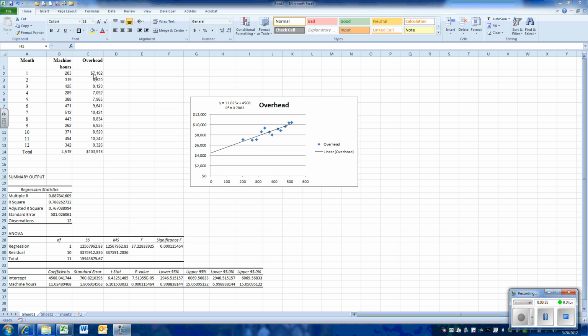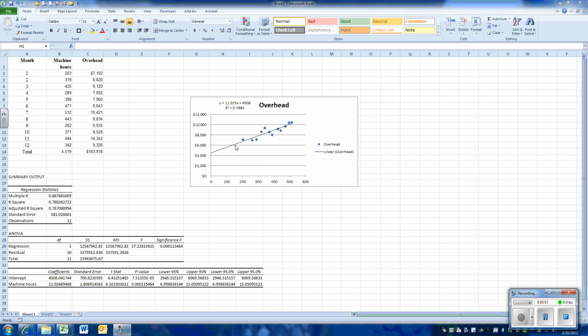So the overhead amounts are our cost pool, the machine hours are our driver. The machine hours for our analysis was the x-axis, and the overhead amounts is on the y-axis. So let's see what the results of our analysis are, beginning with our scatter graph.